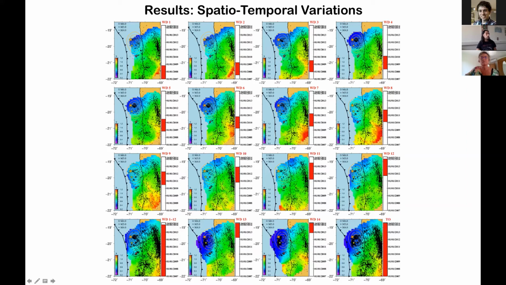Window 14 is more of the same. This window 14 finishes the day of the earthquake on the 1st of April, when the main shock occurs. And this last window here is showing the total cumulative distribution of b-value during the whole of the interseismic period, so between 2007 up to March 2014, just before the main shock. Okay.